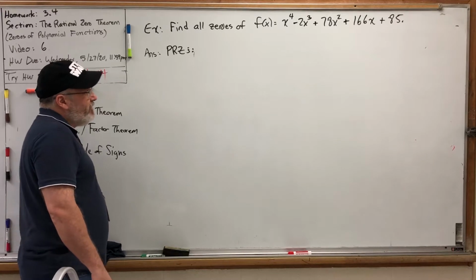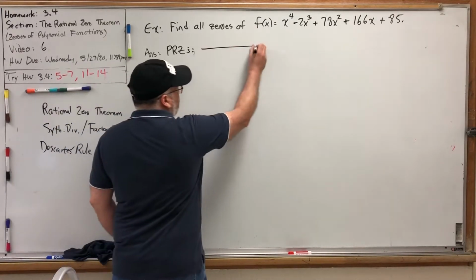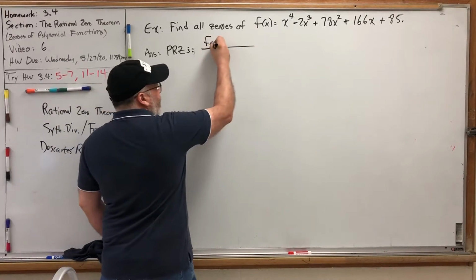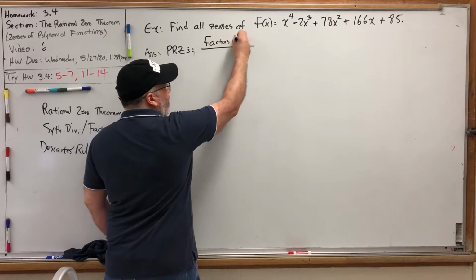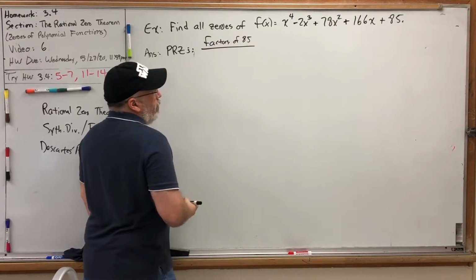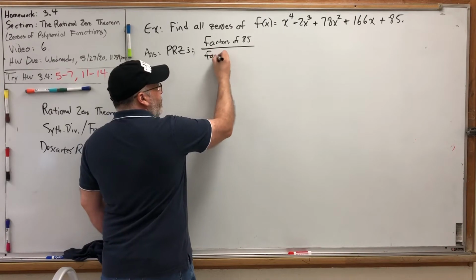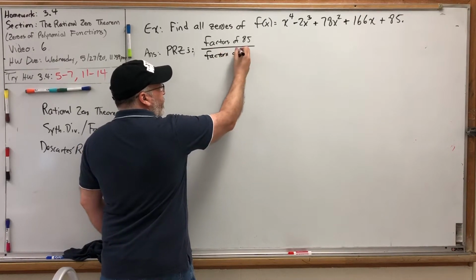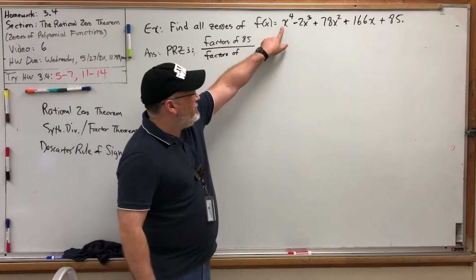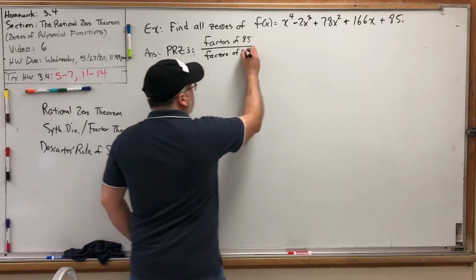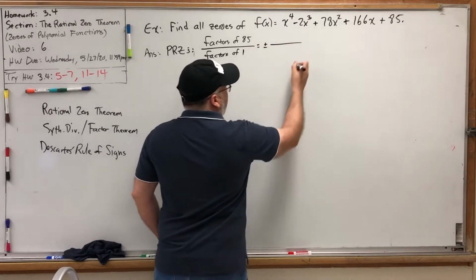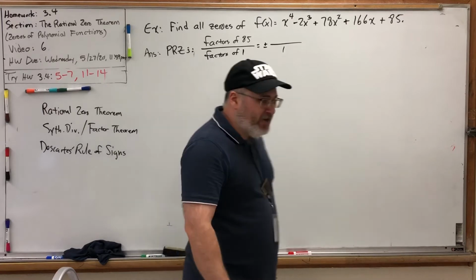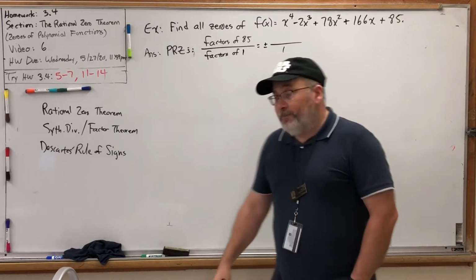But the possible rational zeros here would be factors of the constant term, which is 85, over factors of the leading coefficient. Hallelujah! The leading coefficient is 1. That's the best possible number to have there. Because the only factor of 1 is 1, we will actually have no fractions.